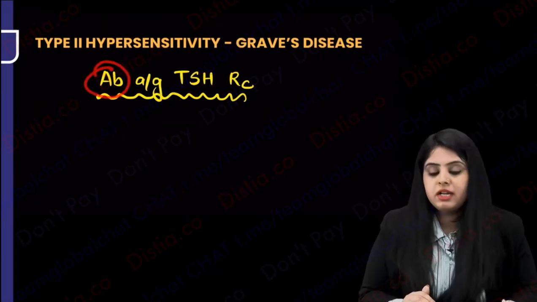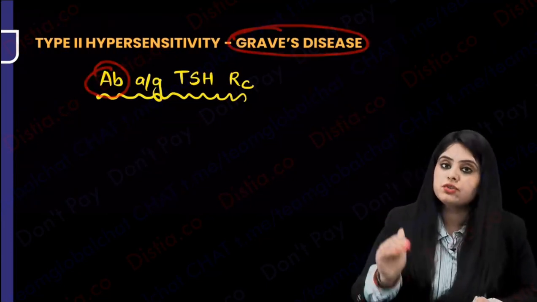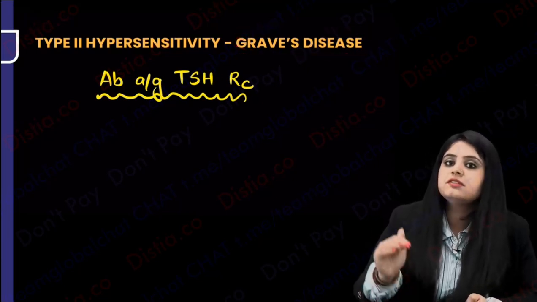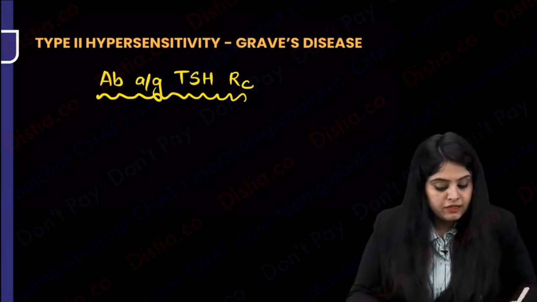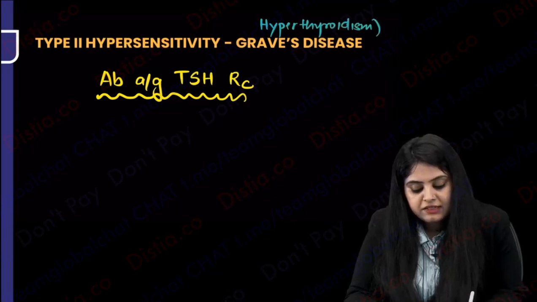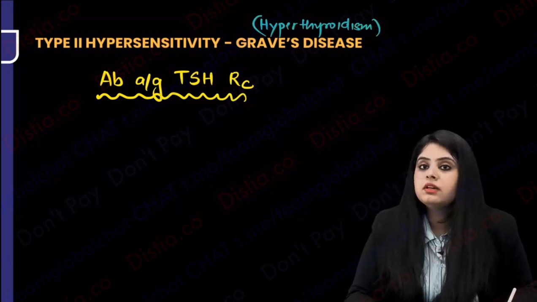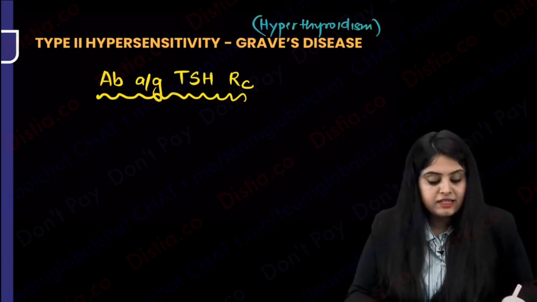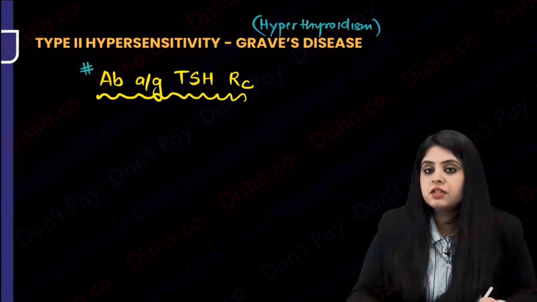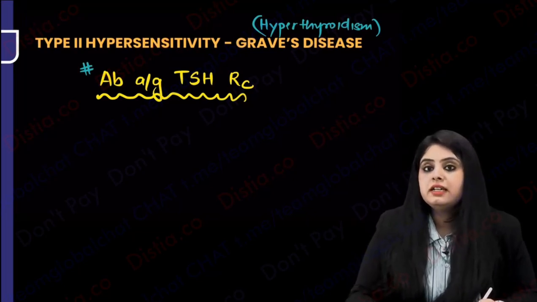When an antibody comes, you expect that the thyroid function should go down. But tell me, in Graves' disease is thyroid function going down? Is Graves' disease a hypothyroidism? No. Graves' disease is a classical hyperthyroidism. So, can I say that these antibodies I'm talking about are a little different? These antibodies in Graves' disease are not suppressing the work. They are stimulators. They are doing the opposite work.